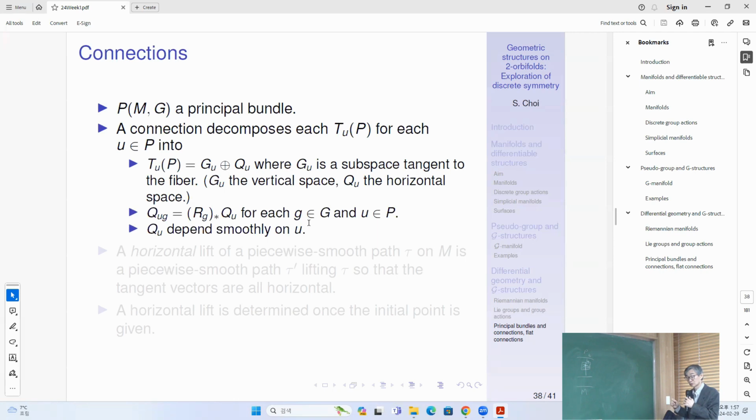And from there, if you go to Kobayashi and Nomizu, an equivalent definition is some sort of a G-valued form. G is a Lie algebra valued form on TM.